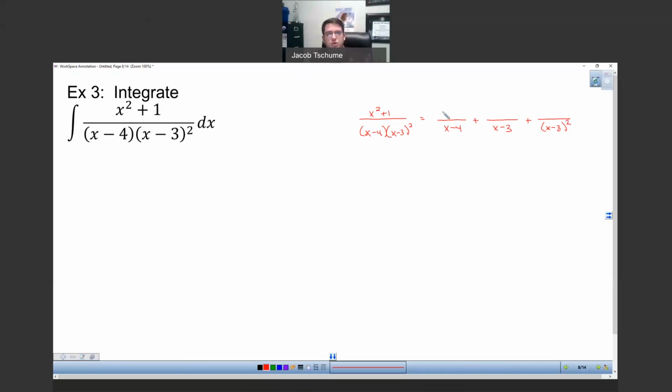Now, overall, they are all just linear factors separately. So on the top, we're just going to get a bunch of constants. So this time we've got to solve for an A, a B, and a C. Other than that, the first initial step to solve for these is going to be the same for me. I'm going to multiply everything by the original factored denominator. Make sure you distribute it to all 4 fractions.